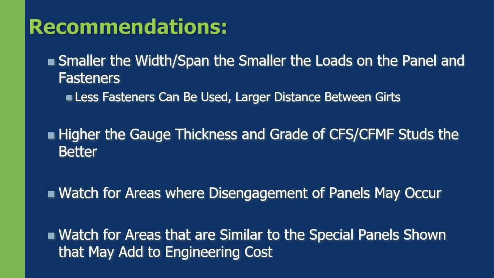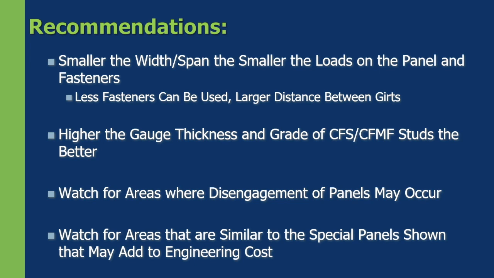So let's just do a quick recap. The smaller the span of the panel, the smaller the width of the panel, the less load onto the panel, less load onto the girts and fasteners, the better. It may reduce fasteners. The higher the gauge thickness of the studs that we are going into, the better. Shoot for a minimum 16 gauge.